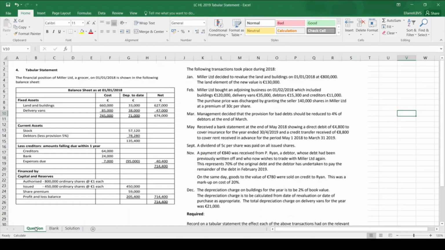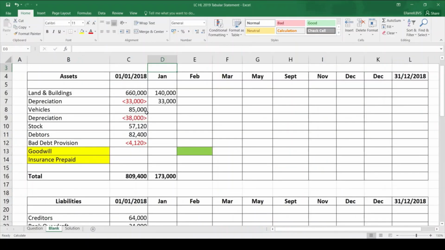The next month, February. Miller bought an adjoining building. When they bought this building, there were assets and liabilities, which are all listed there. So we just have to put in all these assets and liabilities, and the difference will be goodwill. Again, this is a common adjustment that comes up. The first things we have are buildings of 120 and delivery vans of 35.